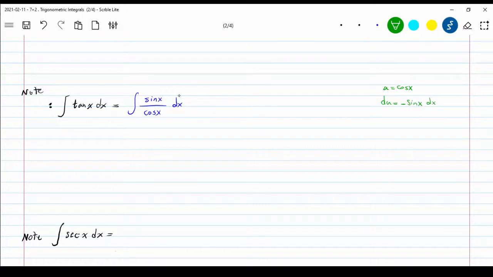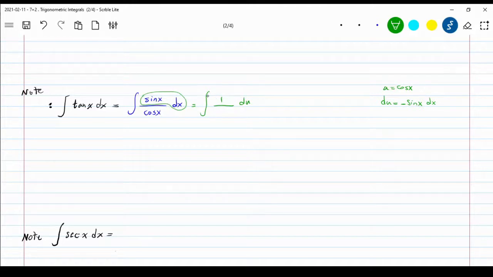Then this integral basically simplifies to the integral where you have the numerator sine x dx. That is simply du. Instead of sine x dx, I can write du.